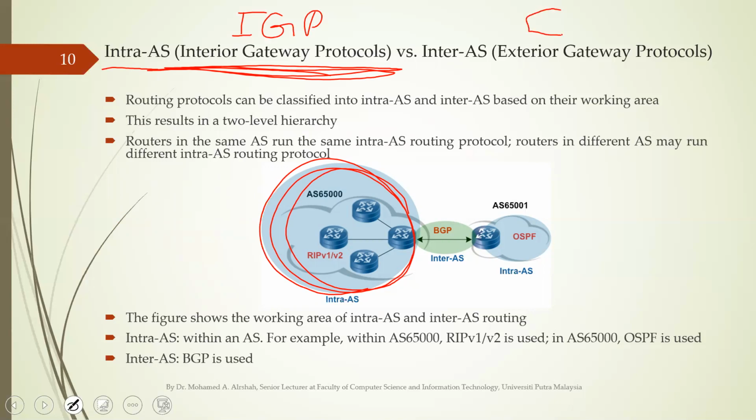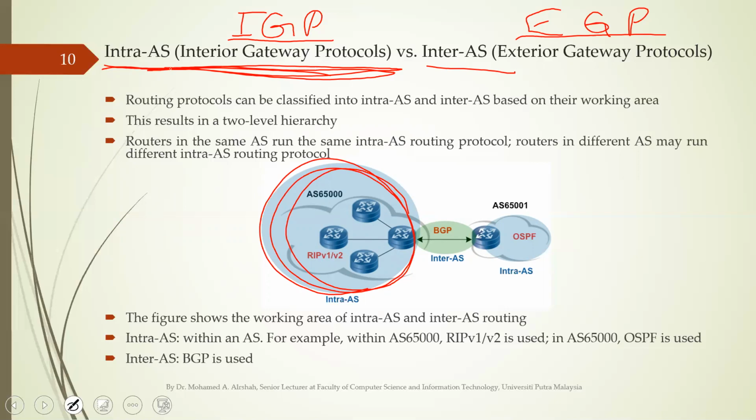This one is EGP protocols. So it is the same thing, either to use EGP or inter-AS, or to use IGP or intra-AS. It's the same name. Routing protocols can be classified into intra-AS and inter-AS based on their working area.